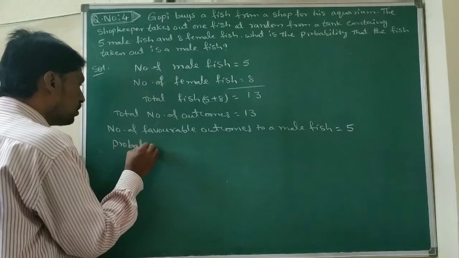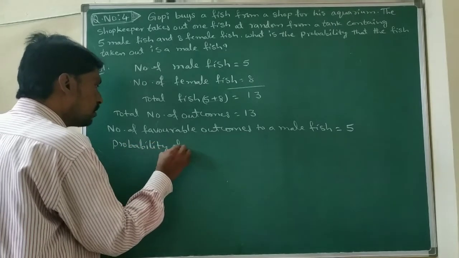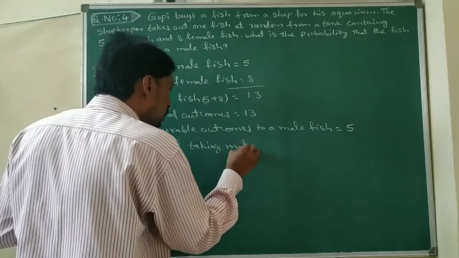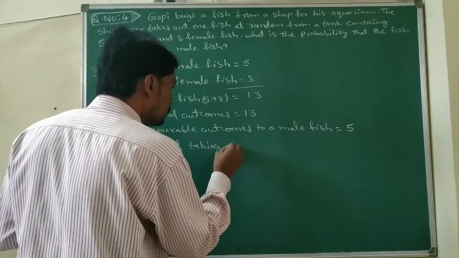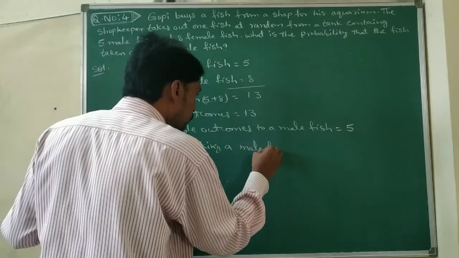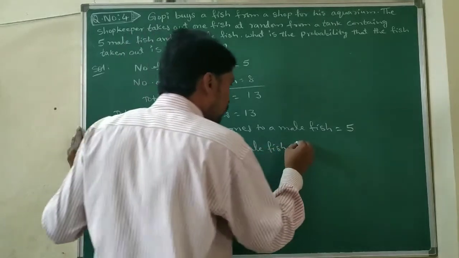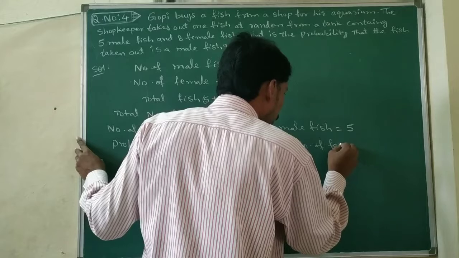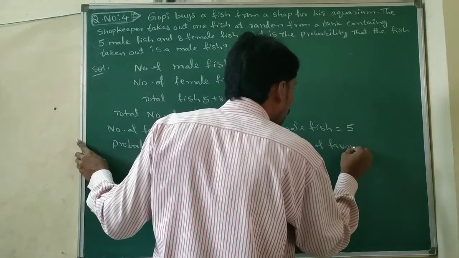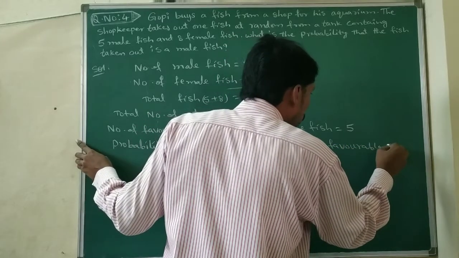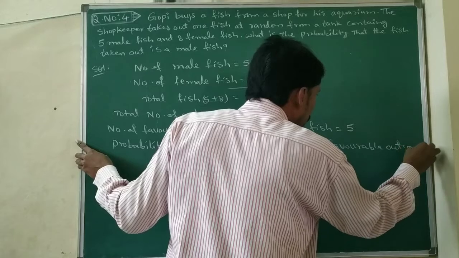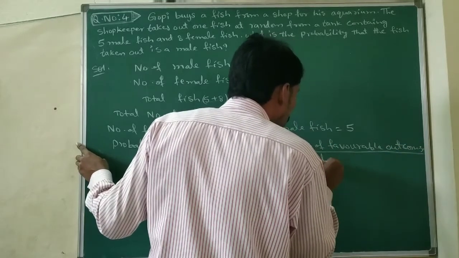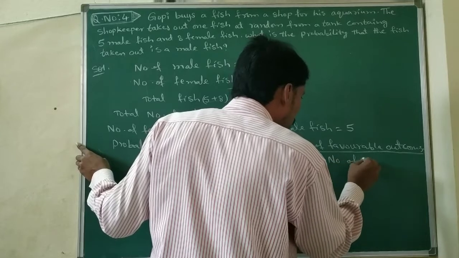Probability of taking a male fish equal number of favorable outcomes by total number of outcomes.